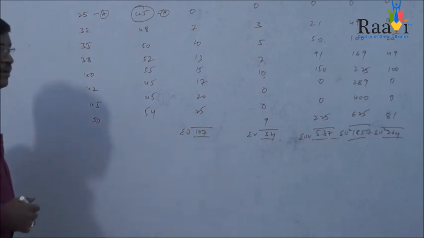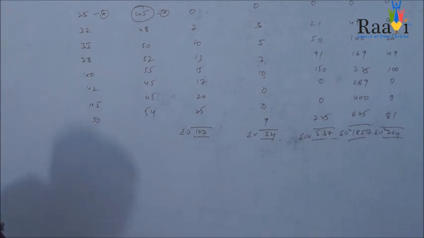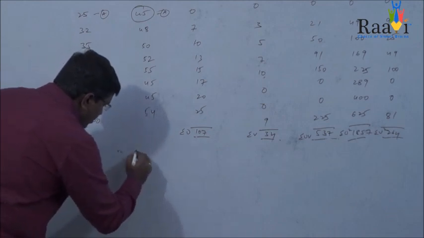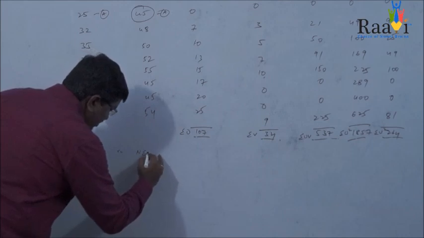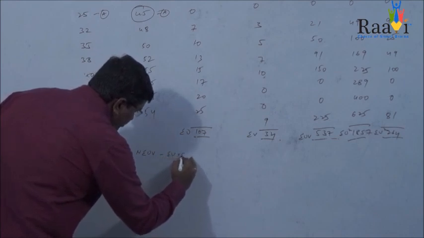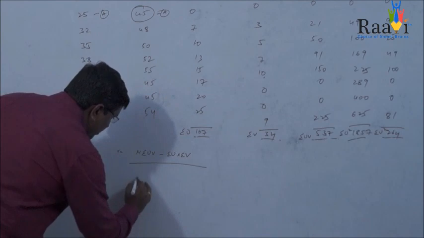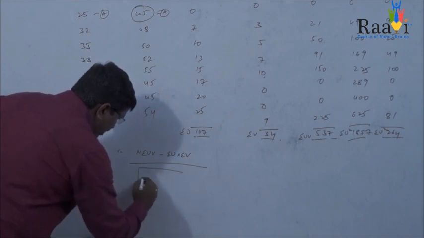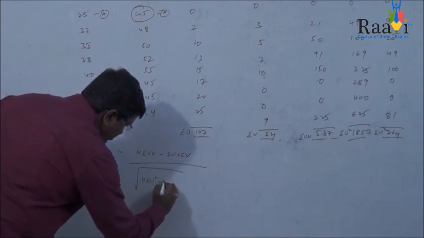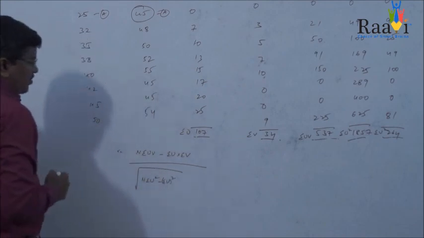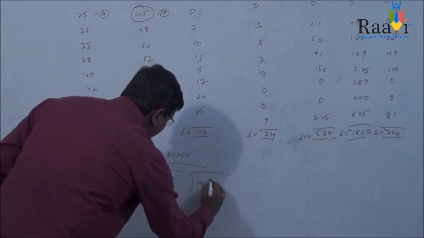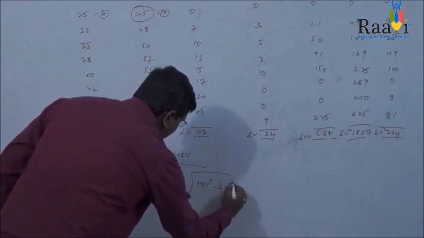Now we will apply the formula of the Karl Pearson coefficient of correlation. The correlation symbol is denoted as small r, equal to n into sigma uv minus sigma u into sigma v, divided by under root n into sigma u square minus sigma u whole square, next under root n into sigma v square minus sigma v whole square.